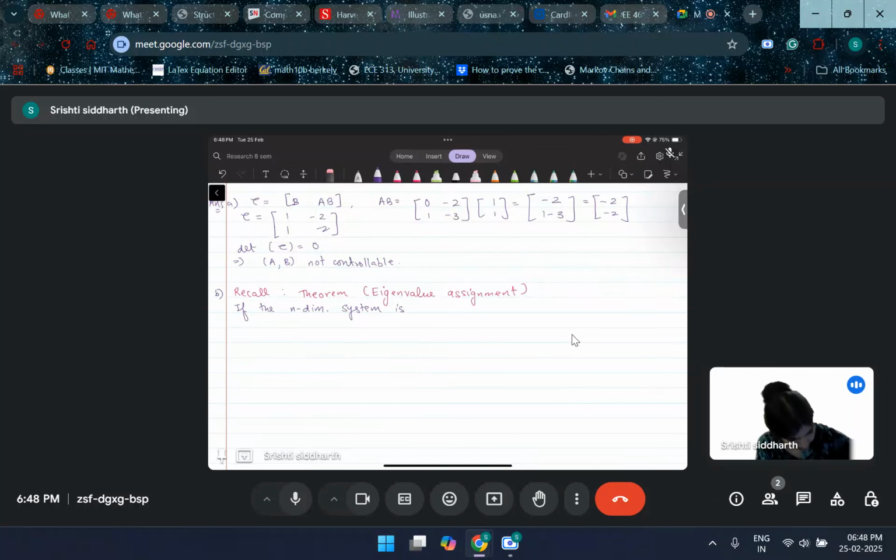So this is the first hypothesis. The first step is to check whether the system is controllable or not, and then we find out the matrix F or the gain matrix K. Then by the state feedback, u is R minus Kx, where R is the reference signal.